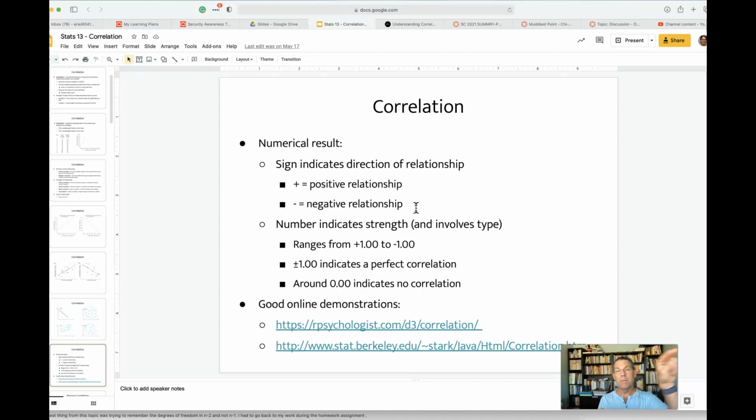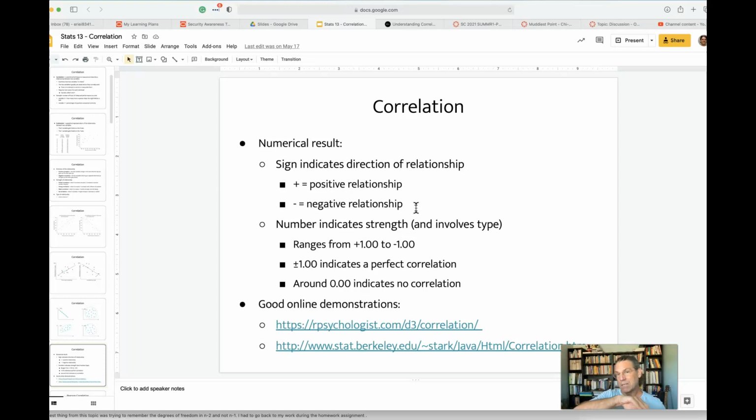You can have a high phone number or a high IQ or a high shoe size, and that's not related to your weight, right? So you could be high or low, who knows? That would be closer to the 0 correlation.